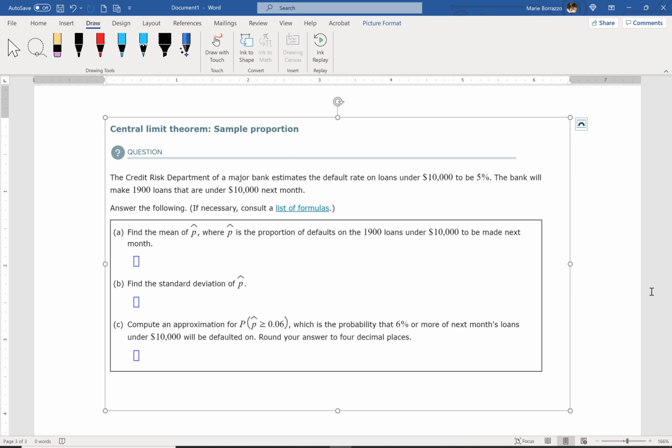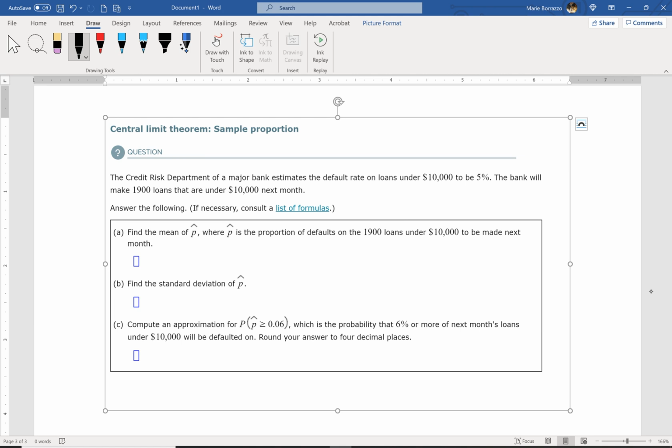In this case, I want you to stop and realize that they're talking about a sample size of 1,900 loans, and we're looking at 5% as the p hat that's given to you. It's actually already done for you. It says the credit risk department of a major bank estimates that the default rate on loans under $10,000 to be 5%.